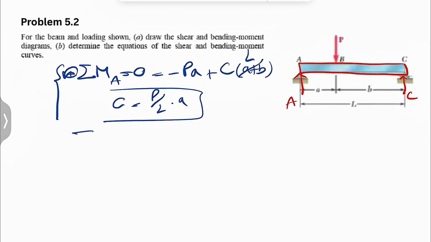So basically we're going to have P over L times a for the force C. Now we can do the sum of all forces in Y equals 0, with positive Y. So we're going to have A plus C minus P equals 0.